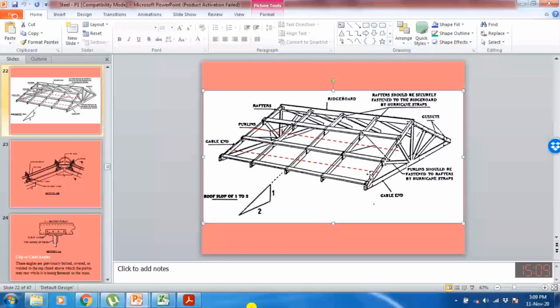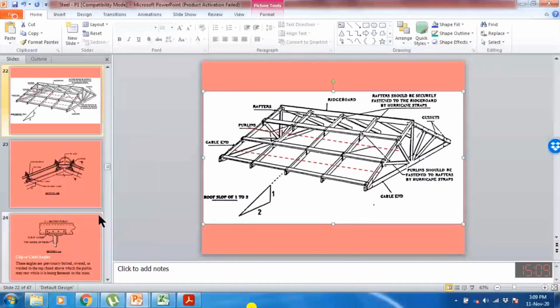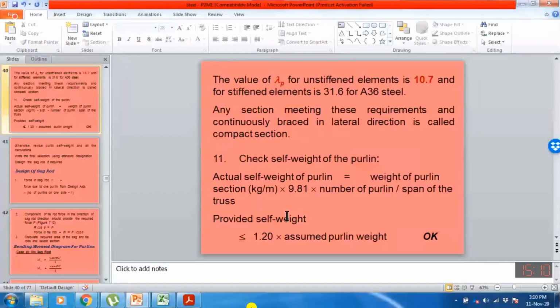Because at the start we assumed a distributed load of a purlin. If the actual load is less than the assumed load, our design is okay. Otherwise, we need to revise. So the assumed load multiplied by 1.2 should be more than the actual load. If the actual load is more, we need to revise the design by considering the larger self weight.